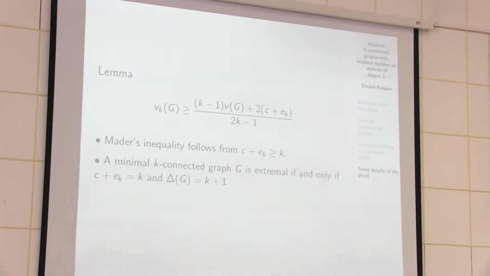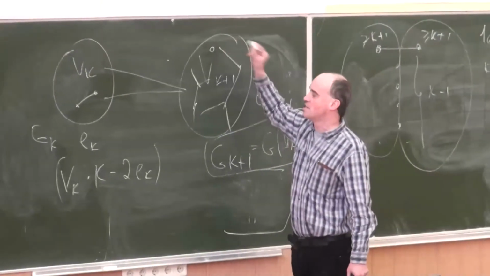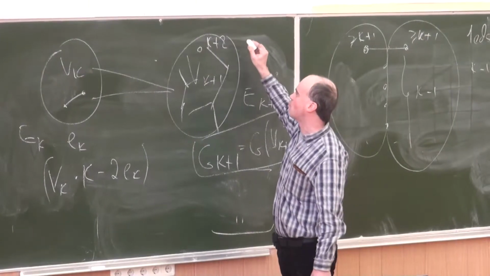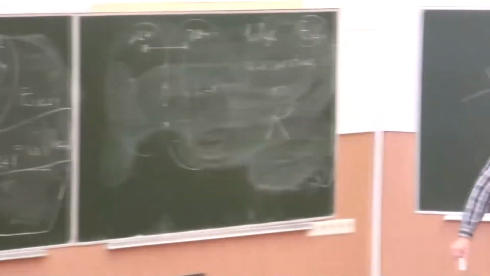What is the minimal graph? If we know that this inequality is valid, it is a graph where C, the number of connected components of G plus 1, plus the number of these edges is exactly k, and all vertex degrees are k and k plus 1. Because in this inequality, when we count these edges, each vertex of degree k plus 2 or greater gives us the strong inequality.